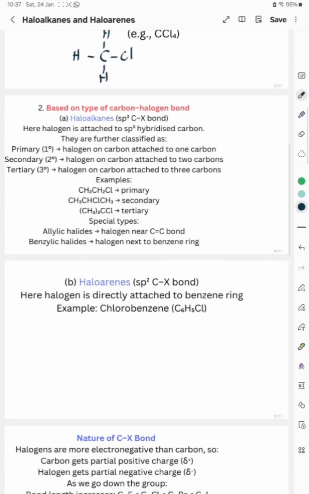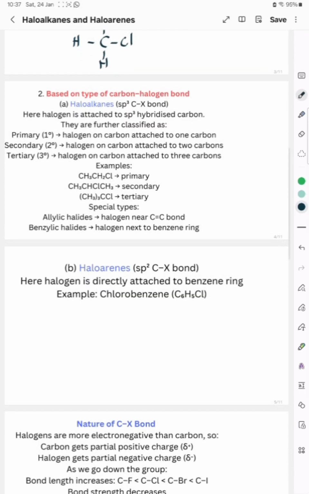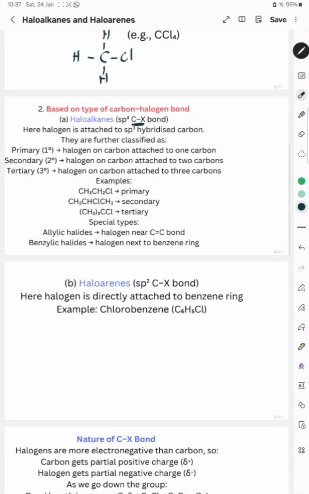Now, based on the type of carbon-halogen bond, they are divided into another two types, haloalkanes and haloarenes. If the bond between the carbon and the halogen is sp3, then this is called haloalkanes. Like if we take CH3Cl, the bond between the carbon and the Cl is sp3.